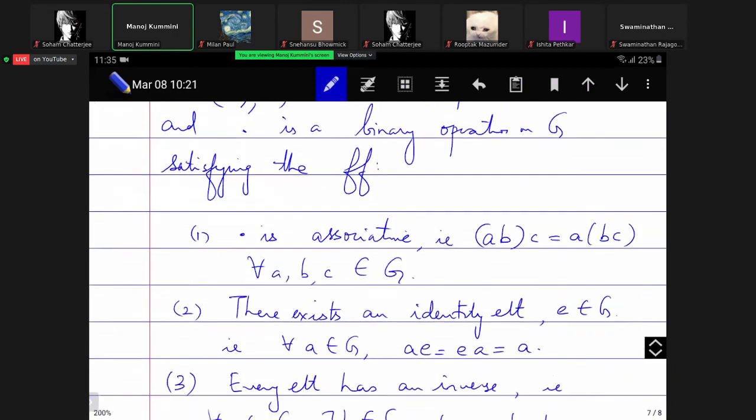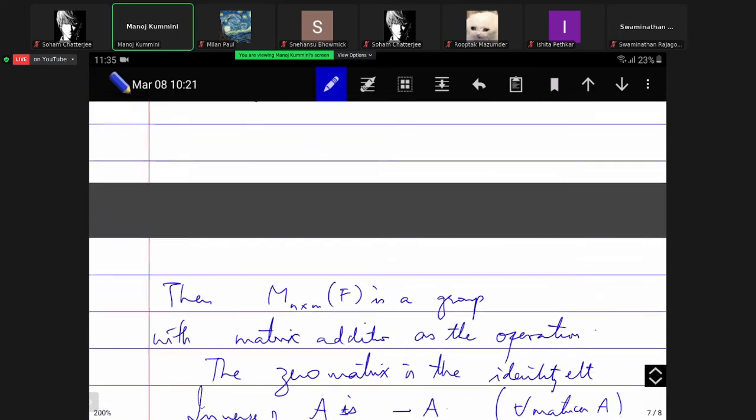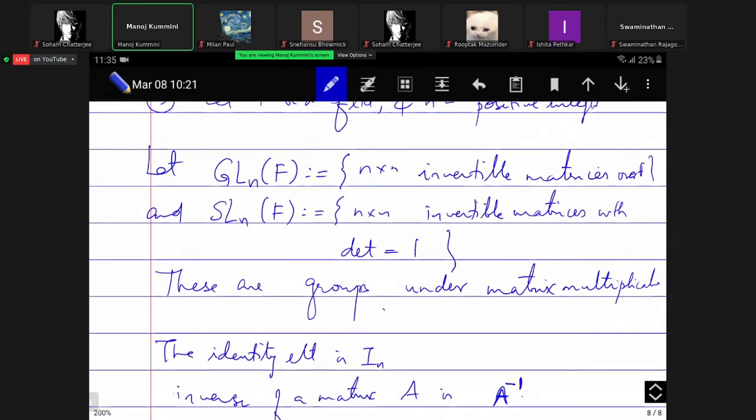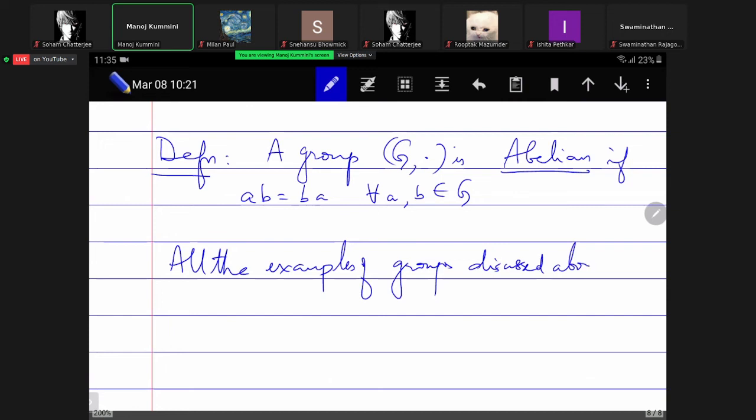The only non-abelian groups that we have seen so far are GL_n and SL_n. So all the examples of groups discussed above, except GL_n and SL_n, are abelian groups.